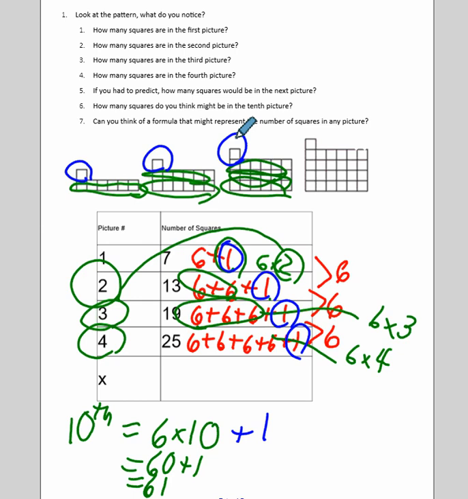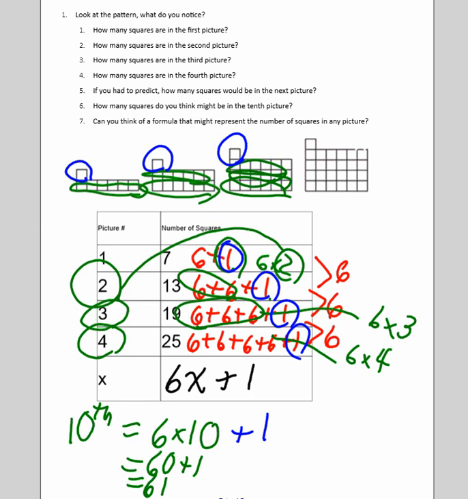So what would a formula be then? What's a way of using algebra to represent this? So the x number of picture, it could be 100, it could be 1,000, it could be 997. We could say 6 times x, x being the picture number, plus 1. And that would be an equation that we could use to represent our pattern.